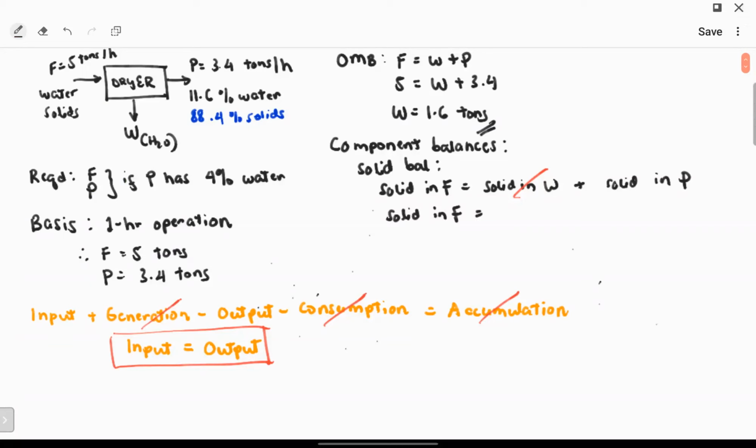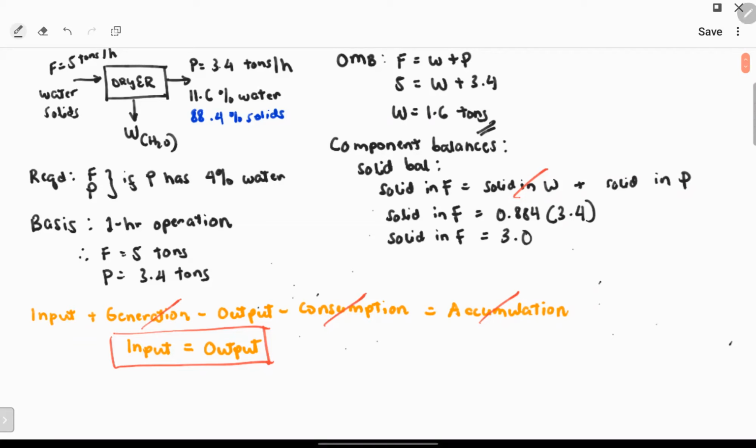Solid in P is actually 88.4% of P, or 0.884 of P. But what is P? P is 3.4 tons. So therefore, the solids in F we can compute right away. If you do this calculation, 0.884 times 3.4, you will get 3.0.